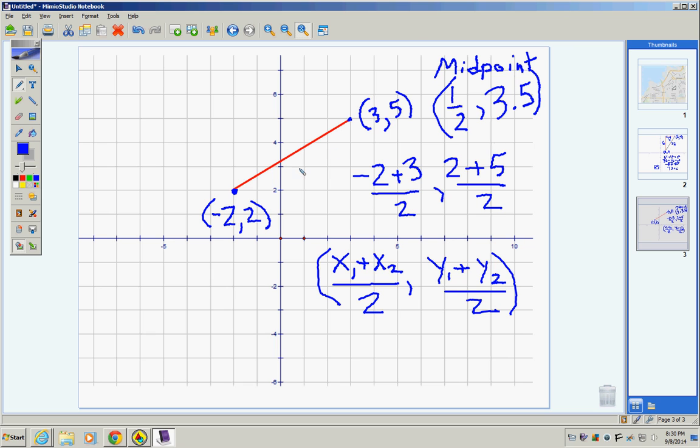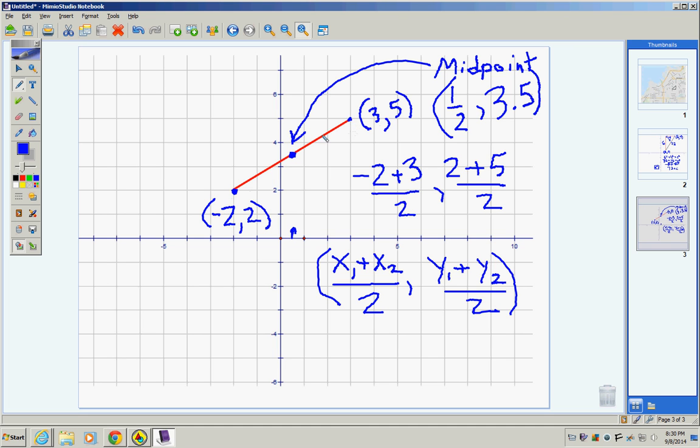All right, so let's see where that is. So if we go over half, it'd be right around in here, right? And then we're going to go up 3.5. So we'll go over half, up 1, 2, 3, 3.5. And this is our midpoint. Now, does that look like it's halfway between these two?